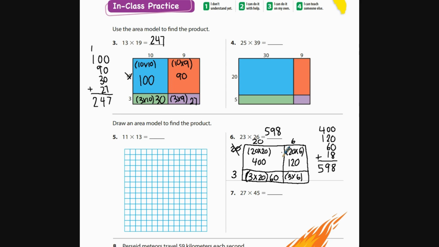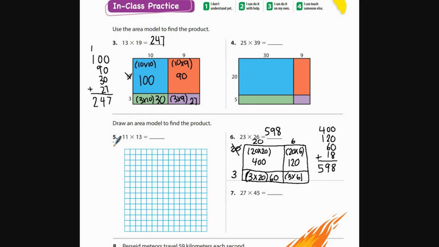Or which one shows the area model for 23 times 26? So you do need to know that. That's why that's so important to know. It's always good to know so that you can see it and you're like, oh, wait a minute, I've done that before. I know that that's what it is.